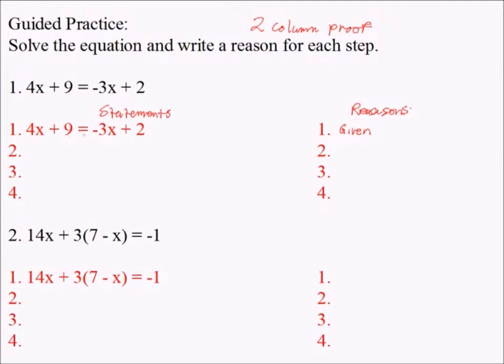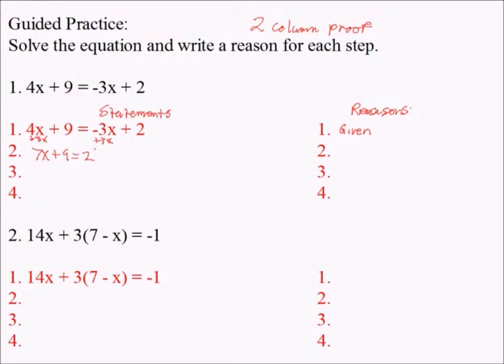Well, you got to combine like terms, and I want to combine 4x and negative 3x. So let's put a little mini 3x here so that way you know where it's coming from, and a little mini 3x right here. So 4x and 3x is 7x plus 9 equals 2.